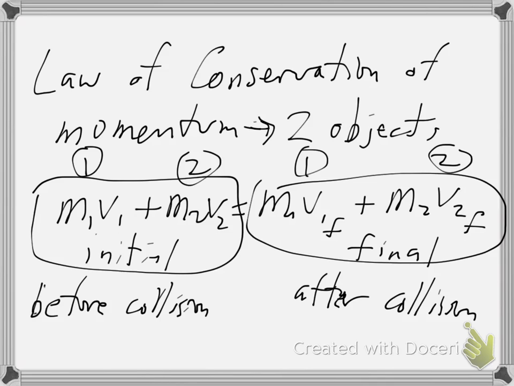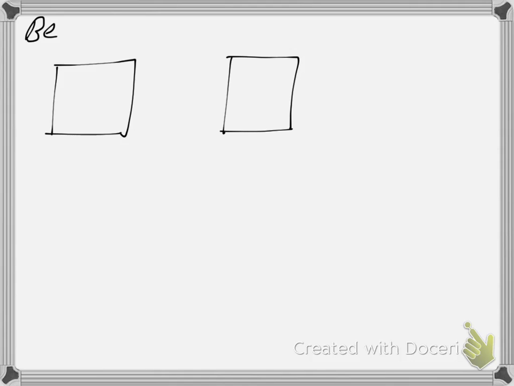Let's do a simple problem right quick. Let's suppose we have our two boxes, and this is the before time. Again, each box is 2 kilograms.